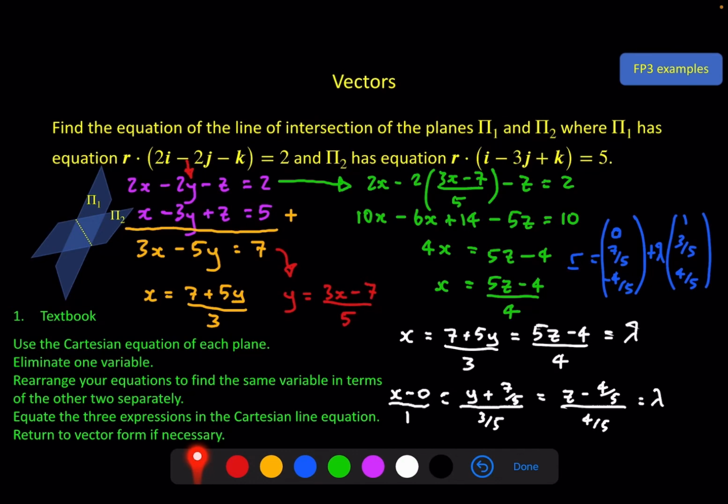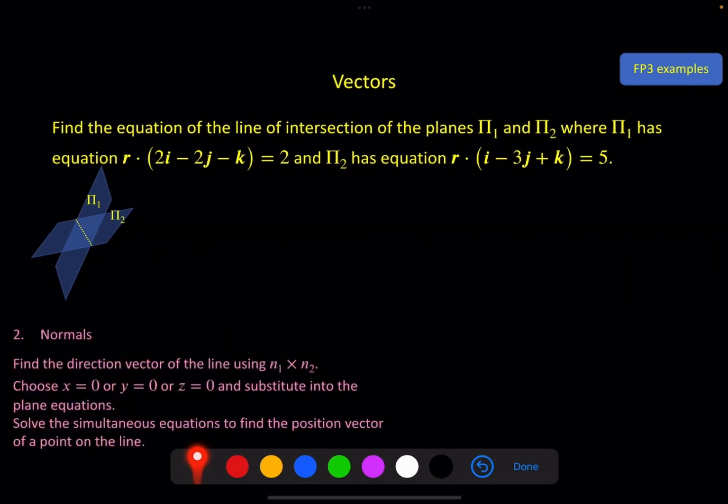There is an alternative method. The one I prefer uses the normals. So I'm going to do the whole question again using this different method, and you can see which one you prefer. So here we find the direction vector of this line by realizing that the normal to pi 1 is perpendicular to every vector in the plane, including this line of intersection.